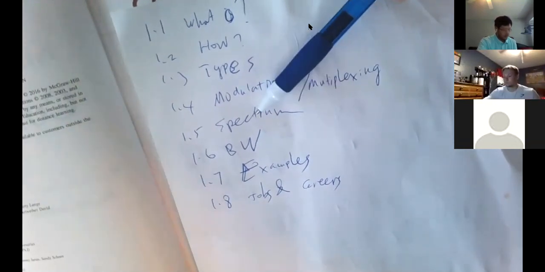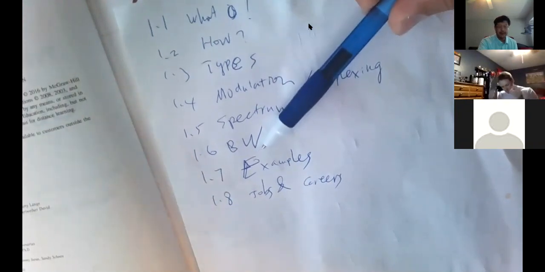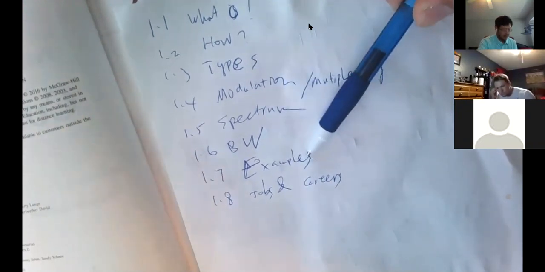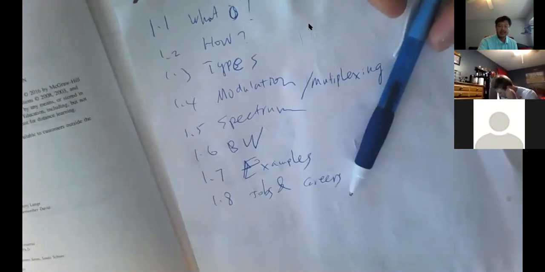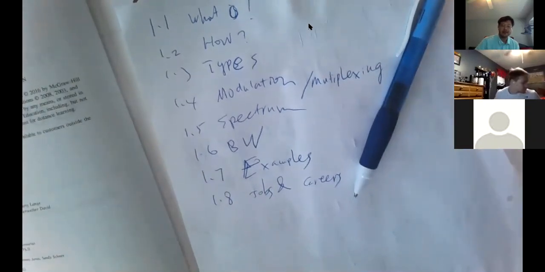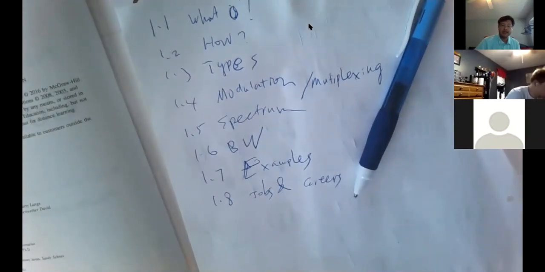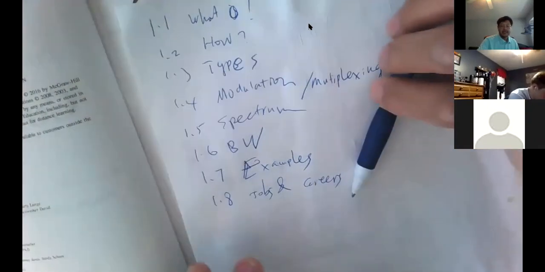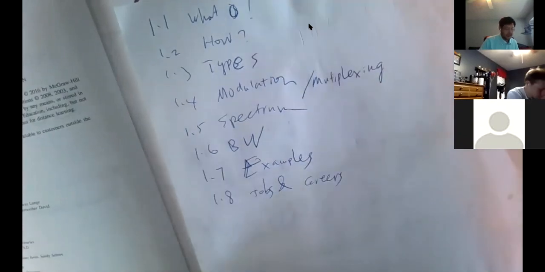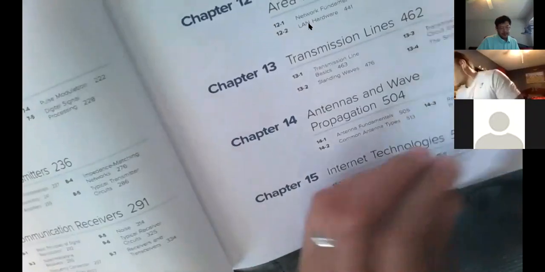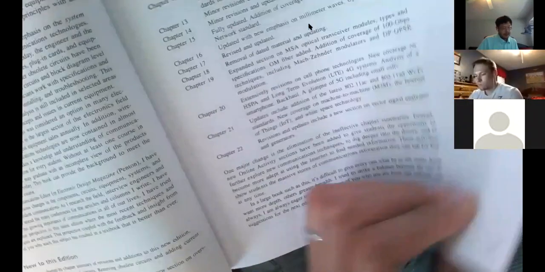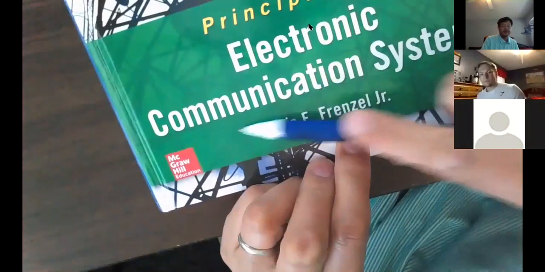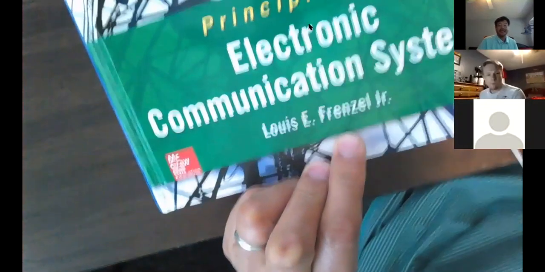Followed by spectrum, by bandwidth, by examples, and last one, the most important one: show me the money, right? Jobs and careers in this area. Let's start with the first one. What are we going to cover? Actually, it's right here. Communication.